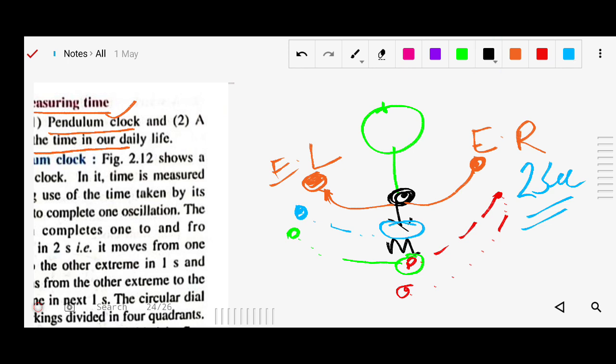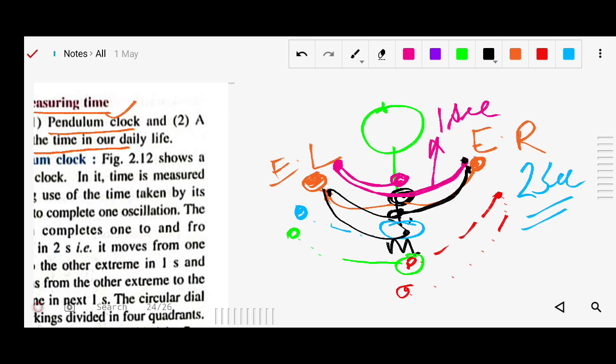In general, you can understand it simply. The pendulum is here, it will go to this extreme side, then reach the other extreme side. From here to here, this will take 1 second. Then again it will come back here, and from here to here, this will also take 1 second.